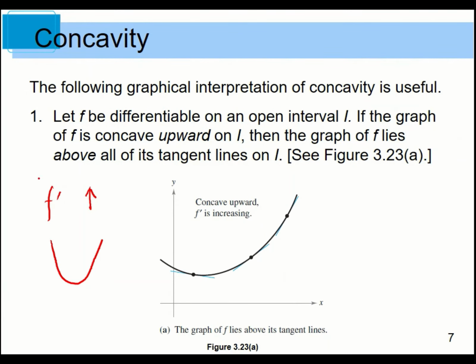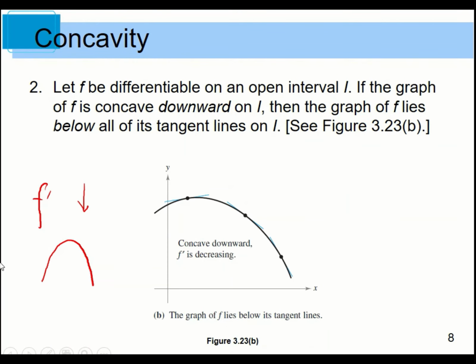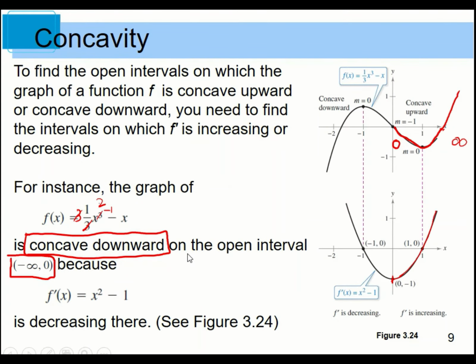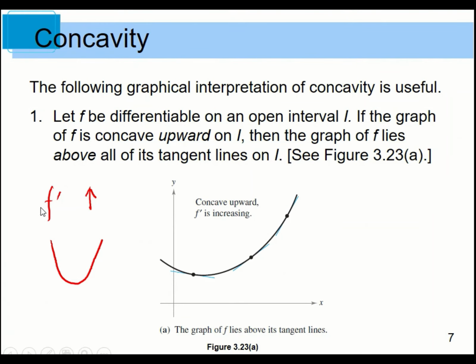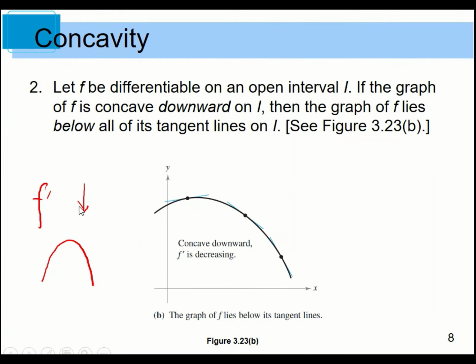From here we know that when f prime is increasing, the curve is concave upward. This is what we need to remember. When f prime is increasing, the graph is concave upward, and when f prime is decreasing, the graph is concave downward.